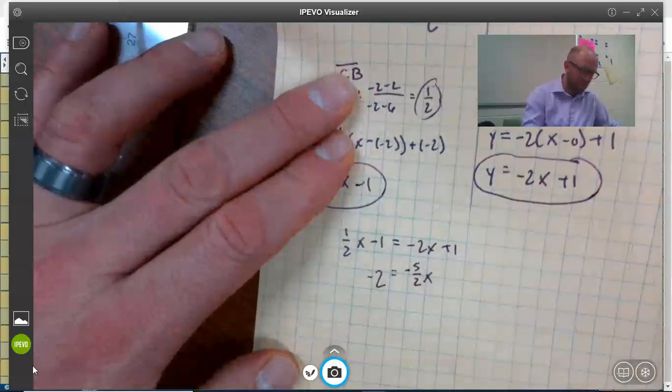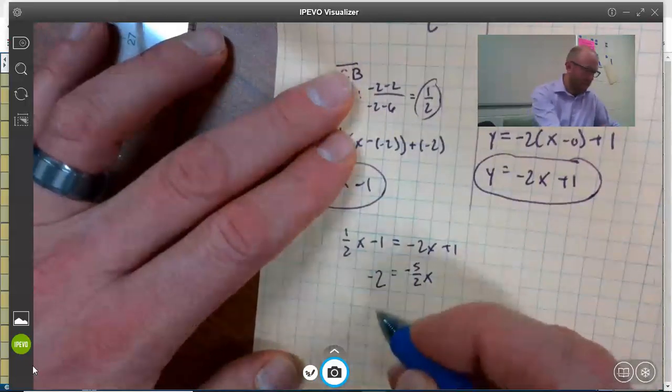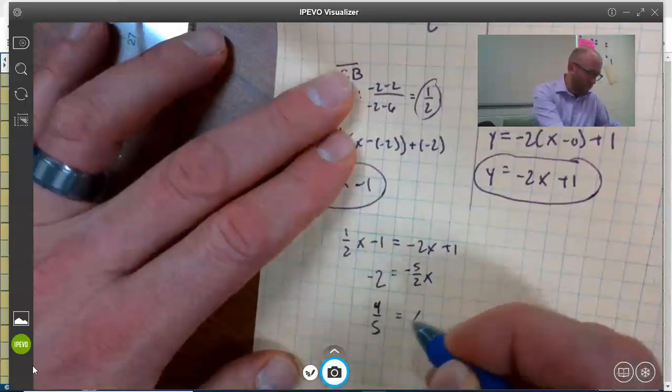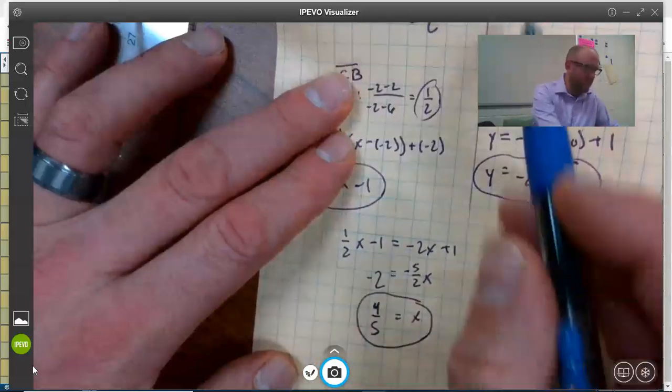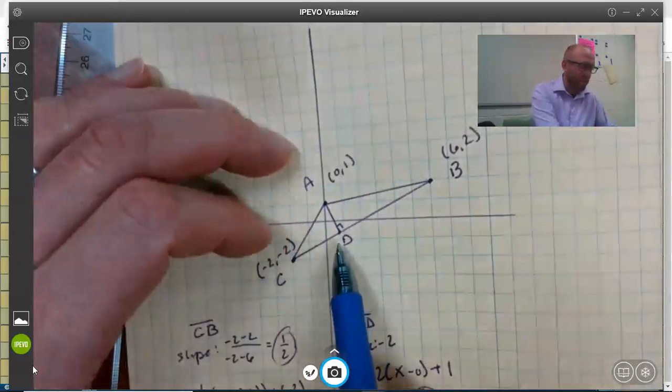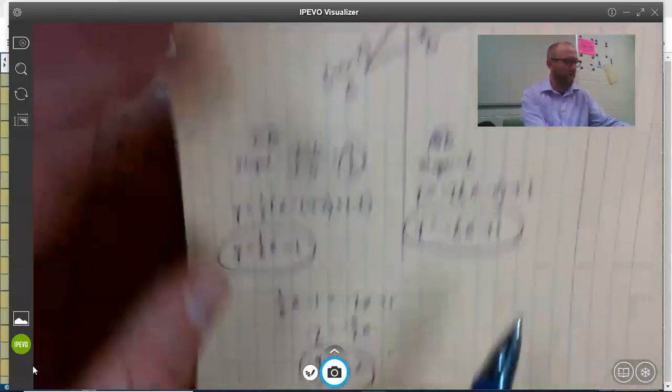Let's just do this on the calculator. 2 divided by 5/2 is 4/5, so x equals 4/5. Based on what we're observing here, it looks about right.